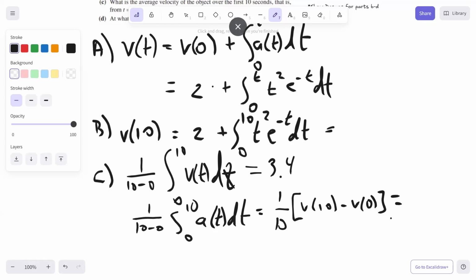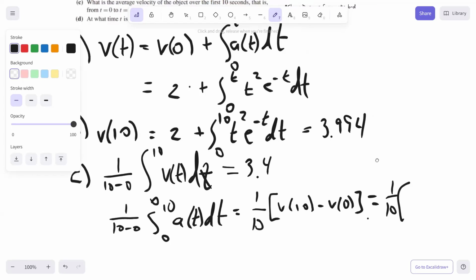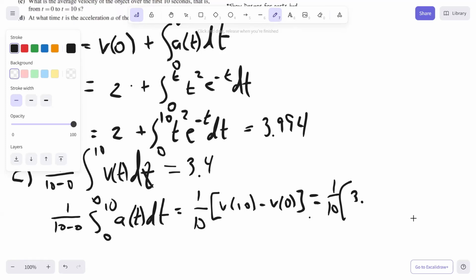And then with that, we would have 1/10 times 3.994 minus 2, which comes out to approximately 0.199 meters per second. All right.